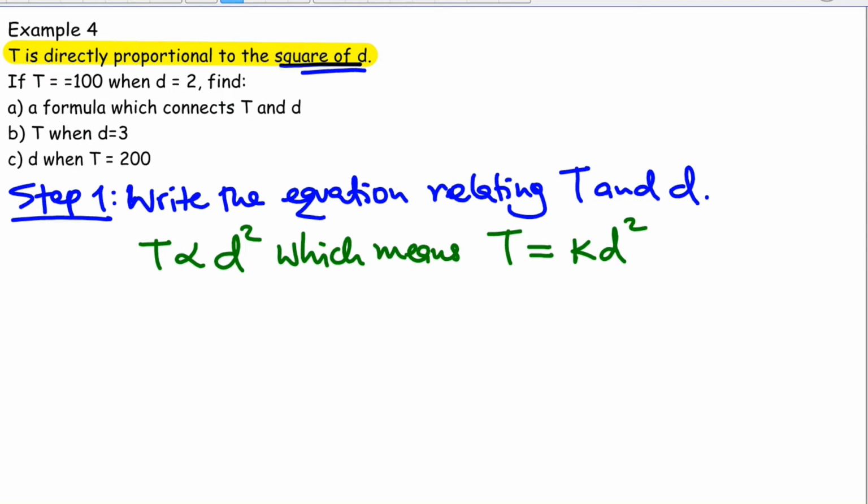So step 2, to find the value of k, substitute the values of t is equal to 100 and d is equal to 2 into the equation that you have in step 1.